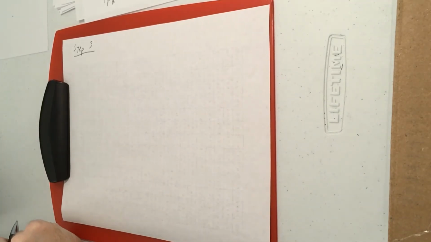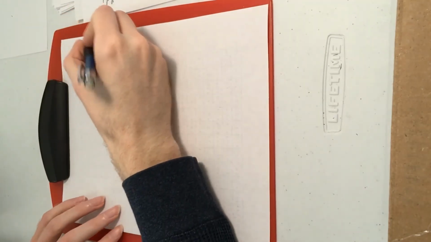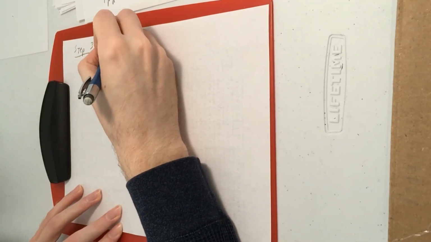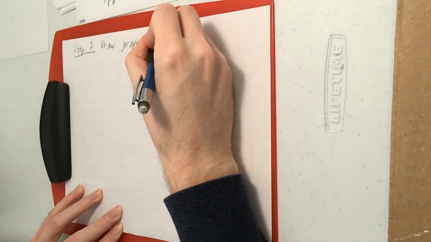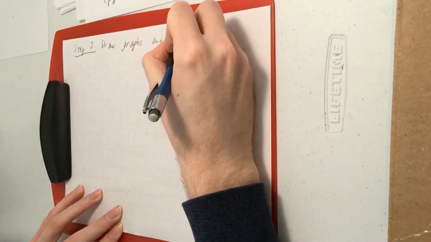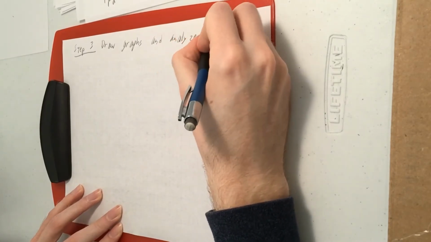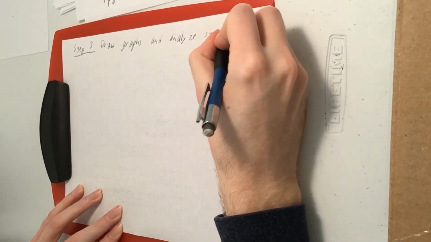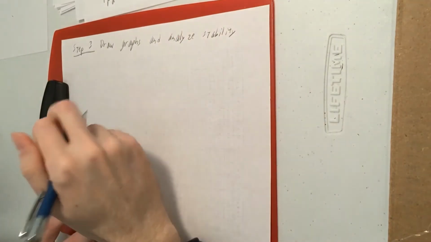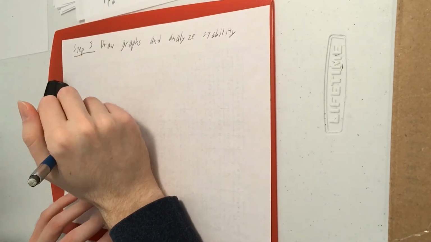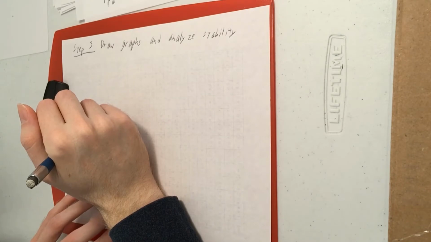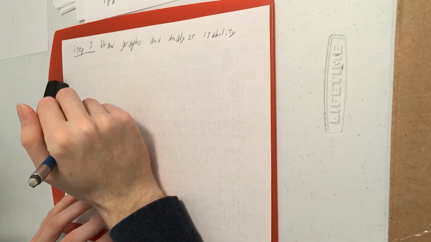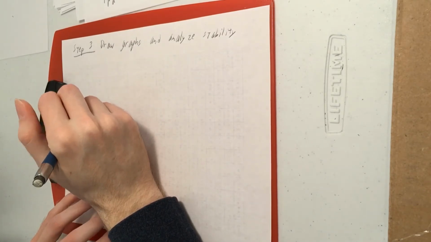Then we're going to put it all together to look at the stability overall. So let's start with the A and B types.